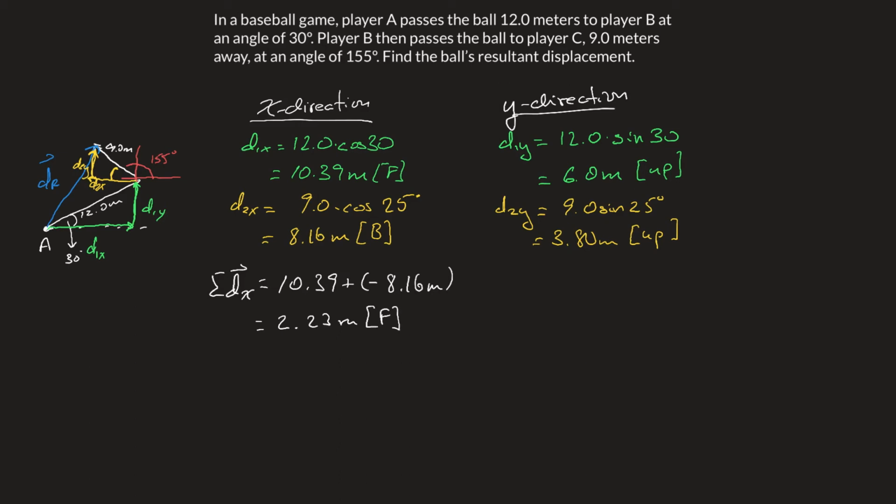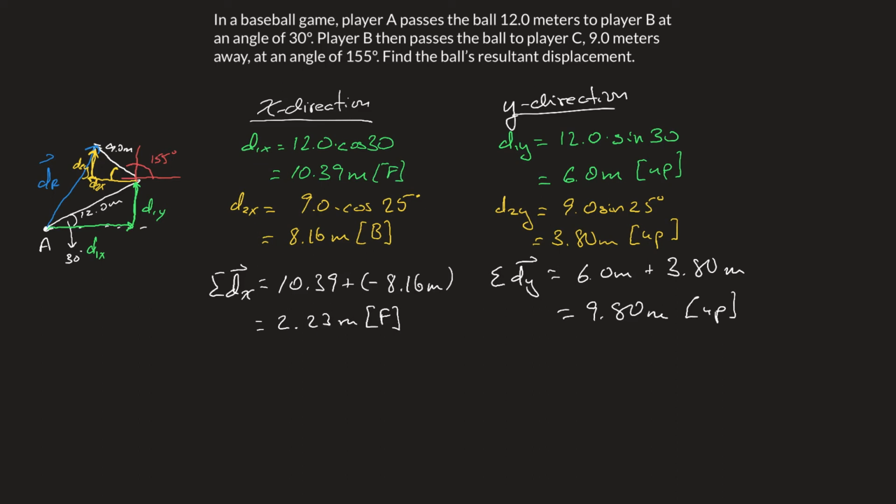And since it's positive, it's going forward. We'll do the same thing for our y's. So the sum of the y's is going to be equal to 6.0 meters. That's up. Plus 3.80 meters. They're both positive because they're both going up. That leads us to 9.80 meters in the up direction.